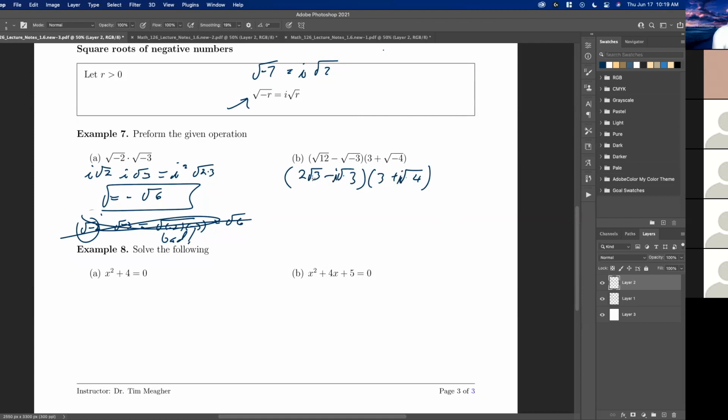So here I have 2√3, because I can write √12, for those who forgot, as √4 times √3. The square root of 4 is 2, minus, I can pull out the i, plus 3 plus the square root of 4, which is i times 2.